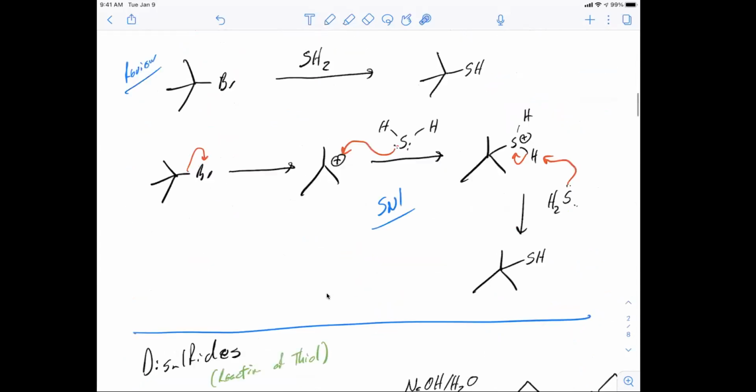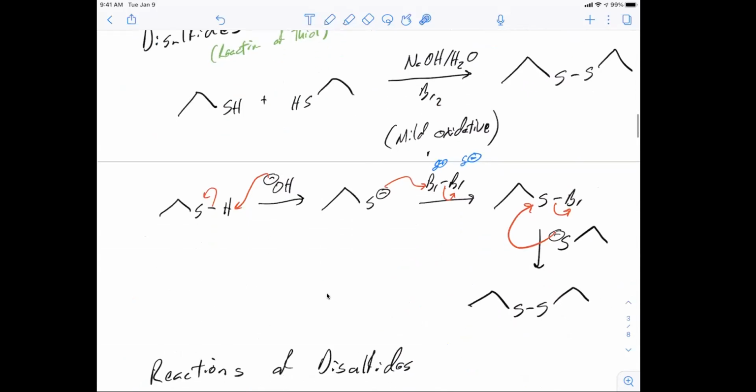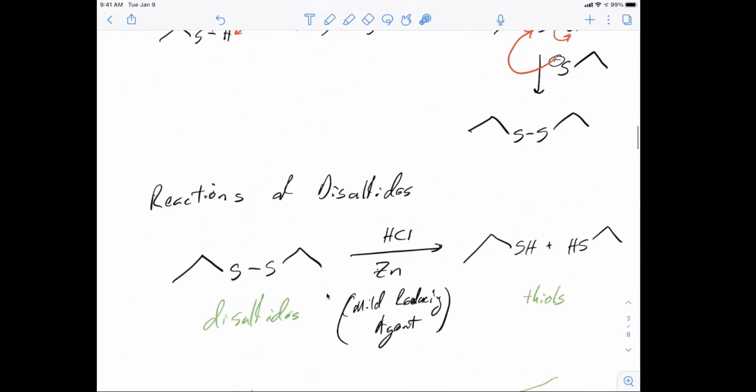Then for the reactions of those, we can make disulfides from thiols, right? So take thiols with a basic, mildly oxidative solution to make the disulfide. Reactions of disulfides, the main reaction is to convert them back into thiols with a mild reducing agent, mercury and zinc.